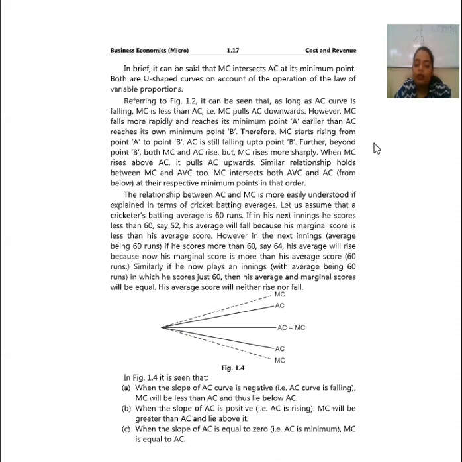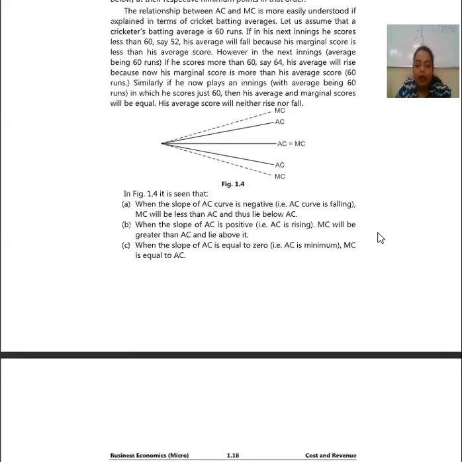His average score will neither rise nor fall. In figure 1.4, it is seen that when the slope of average cost is negative, that is AC is falling, MC will always be less than AC and thus lie below AC.